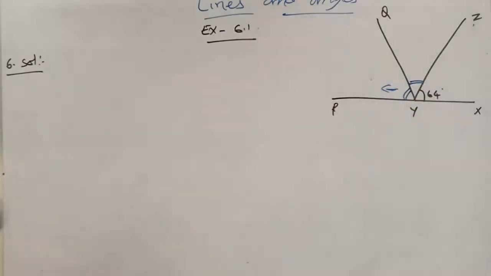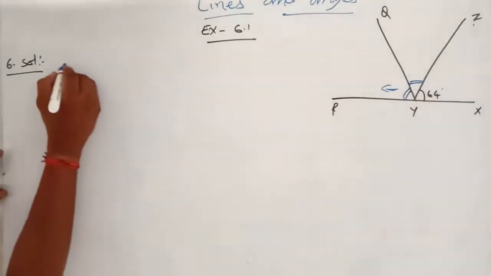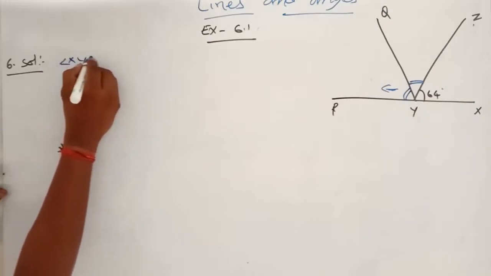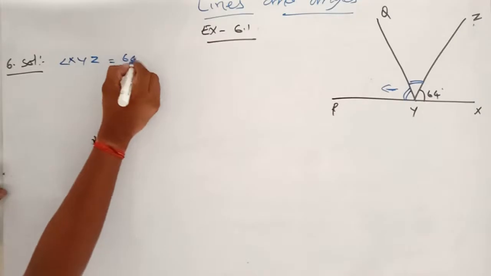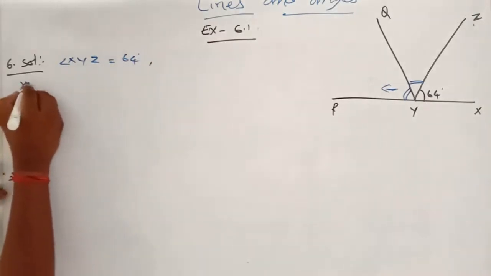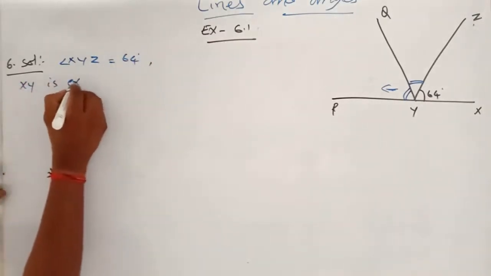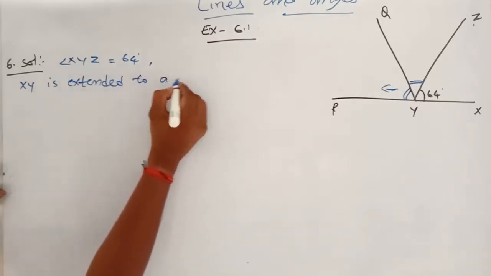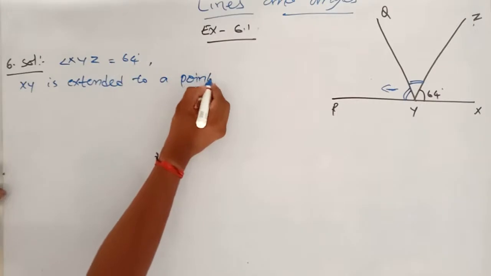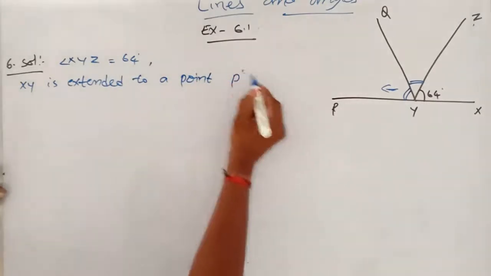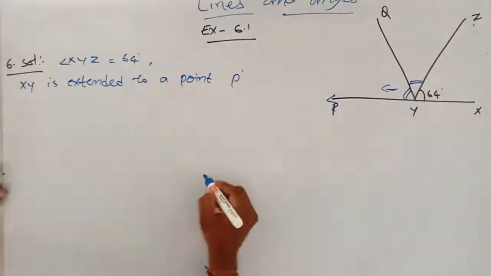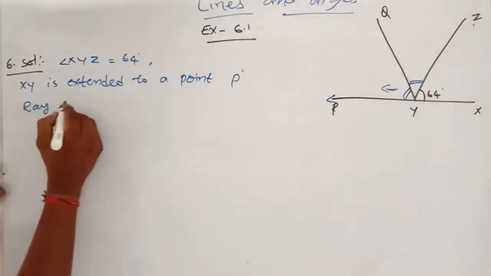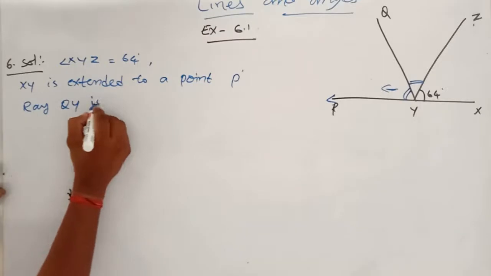That means this reflex angle I need to calculate. So here it is given that angle XYZ is equal to 64 degrees, and one more thing is given: XY is extended to a point P, and ray QY is bisecting angle ZYP.